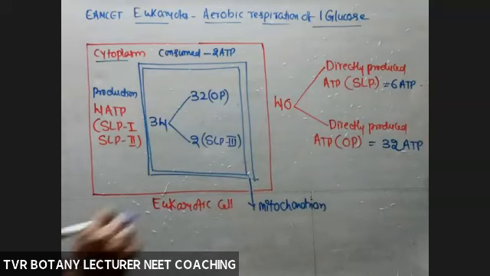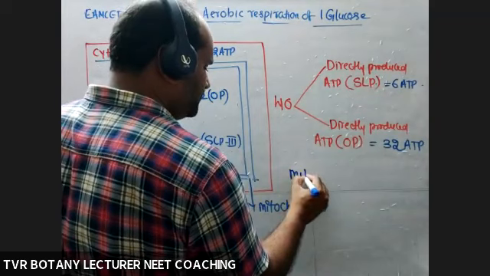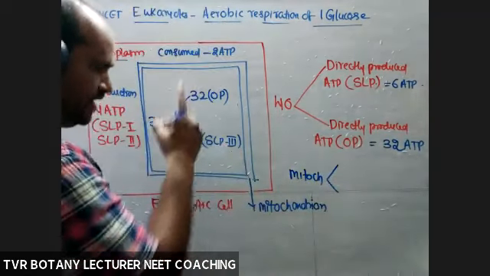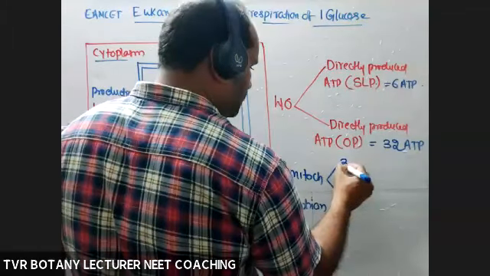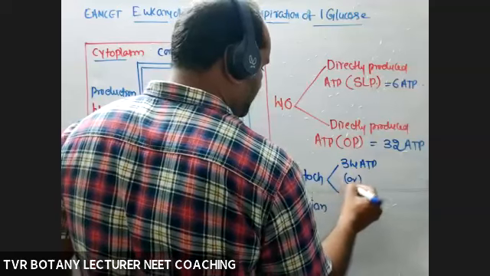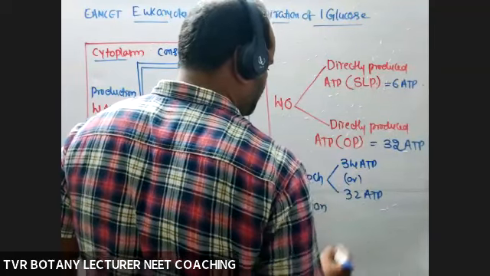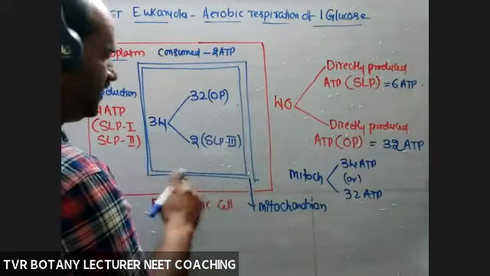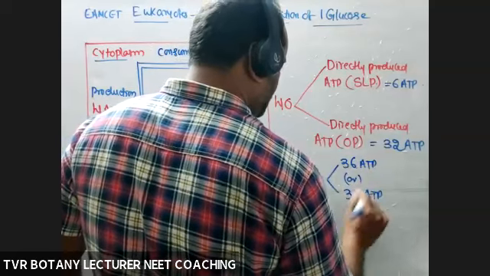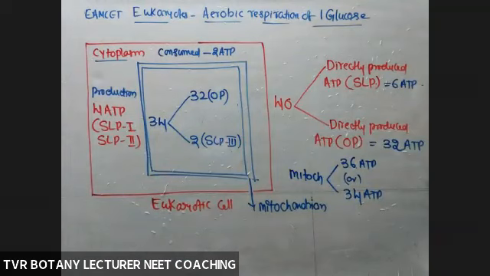So if they ask you, in mitochondria, how many ATP are produced? According to the NEET concept, go for 34 ATP, or if it is MSET, 32 ATP. Within the mitochondria, wait, 36 and 34, total production.